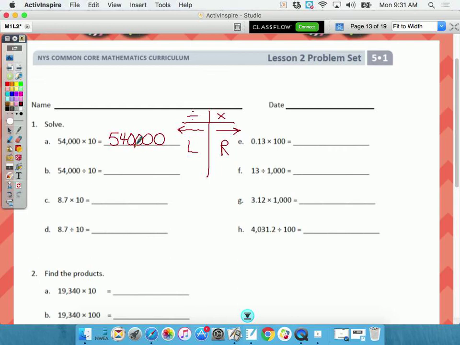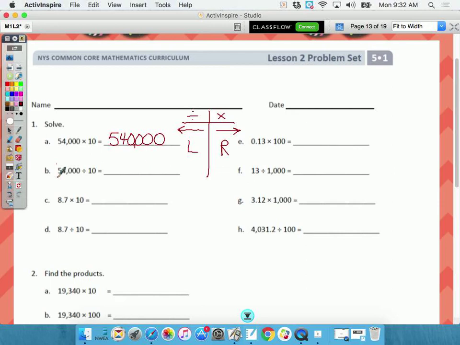Which trick should I use, Kimberly? The 0 trick or the decimal trick? I agree. Why can I use the 0 trick when I'm dividing, Sadie? Because it doesn't have a decimal. Okay, this is a whole number. 54,000 is a whole number.